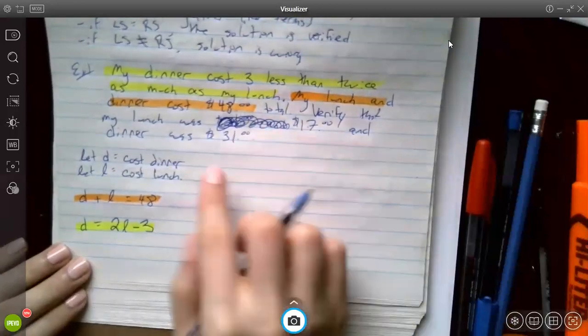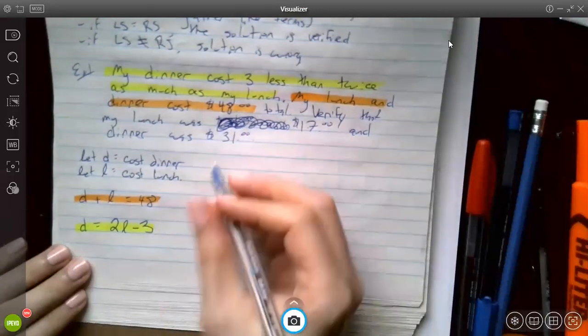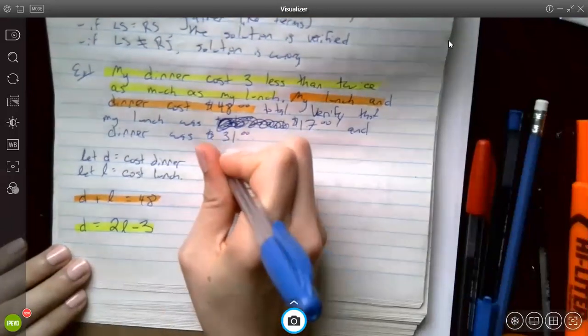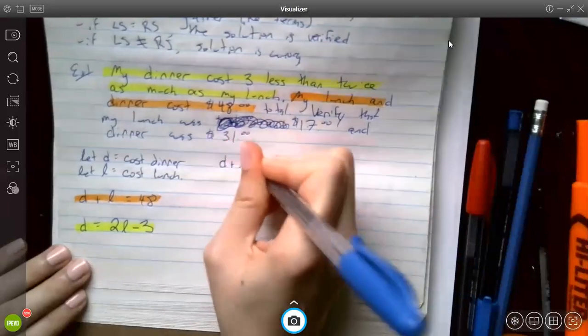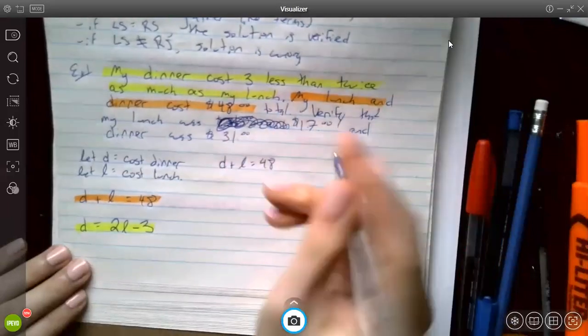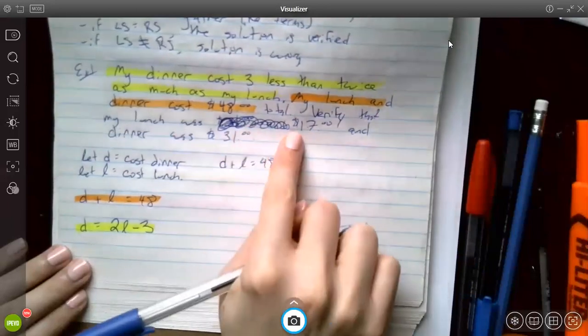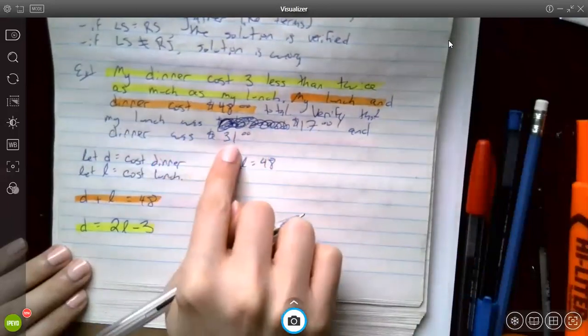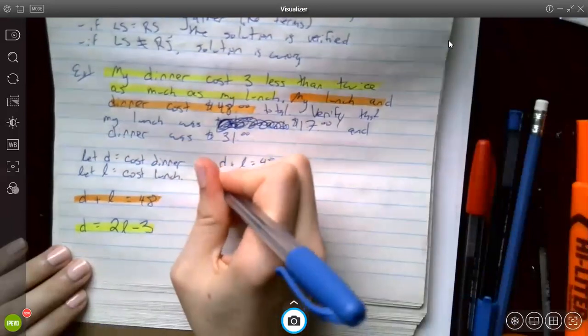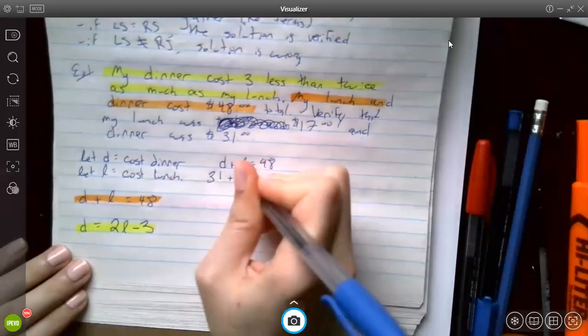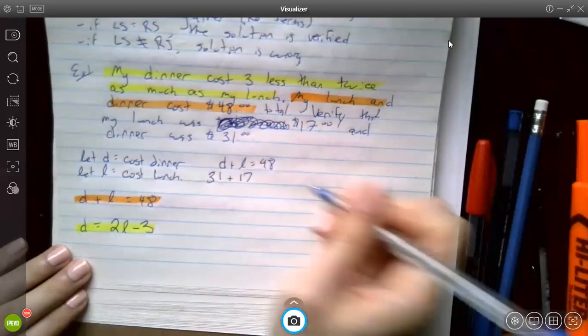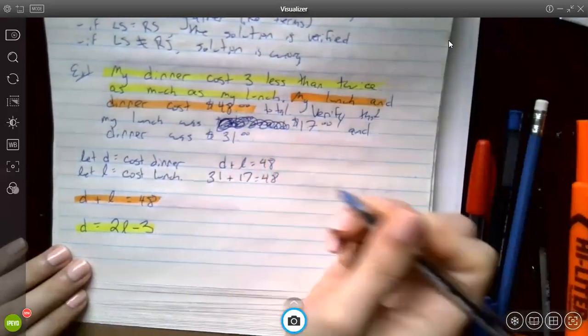Okay, next up, I'm going to actually move on to verifying this. So I'll start with the first equation, D plus L equals 48. And I'm just going to plug in the solution it gave me, where lunch was 17 and dinner was 31. So my D is 31 plus 17 for my L equals 48.